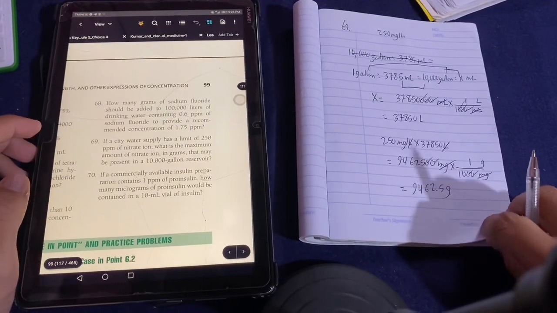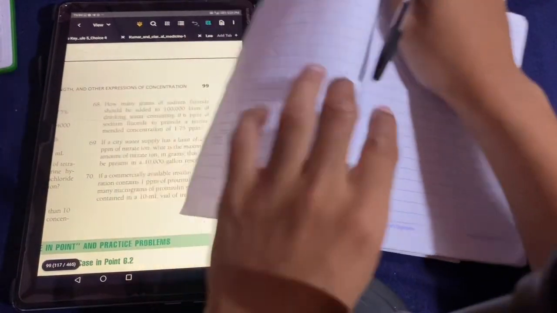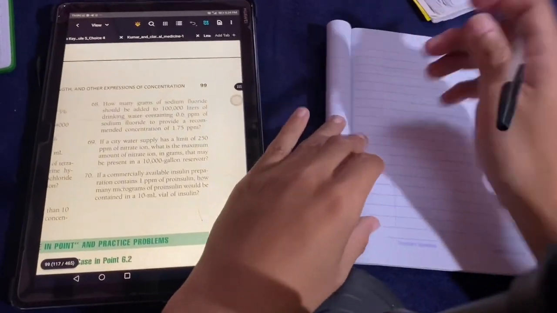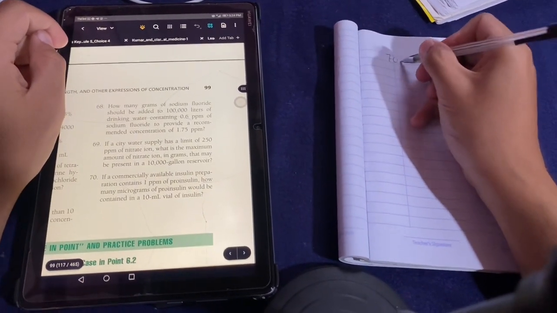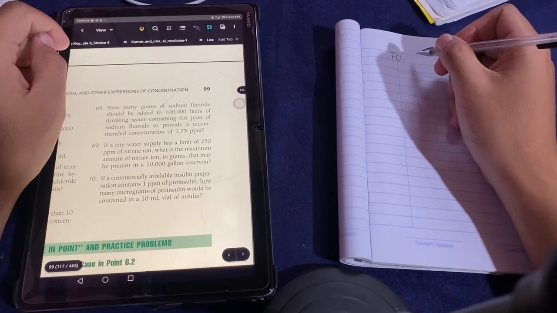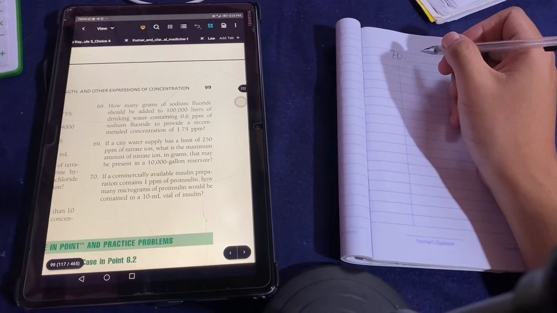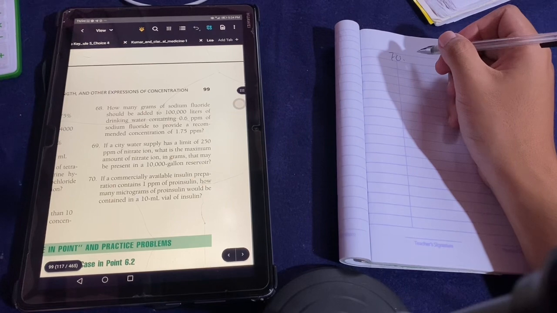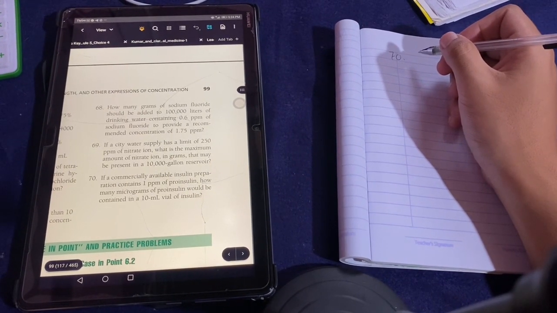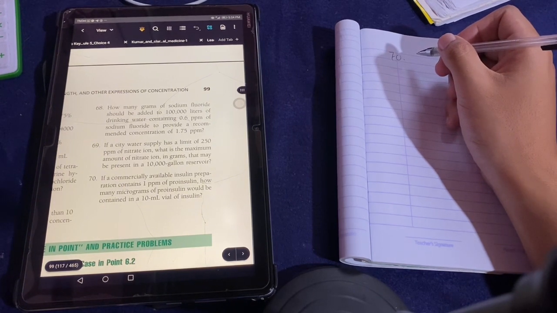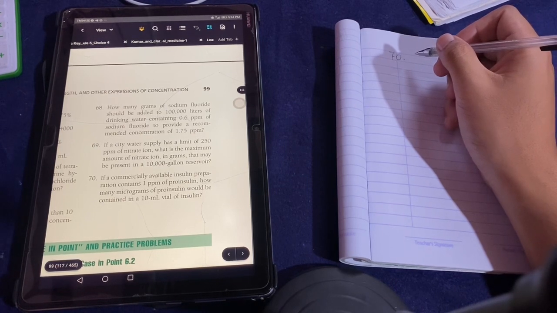So moving to number 70. Sabi nga, if a commercially available insulin preparation contains 1 part per million of proinsulin, how many micrograms of proinsulin would be contained in 10 ml vial of insulin? So very simple, guys.